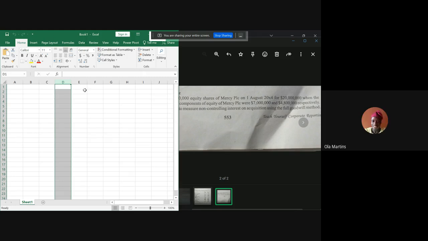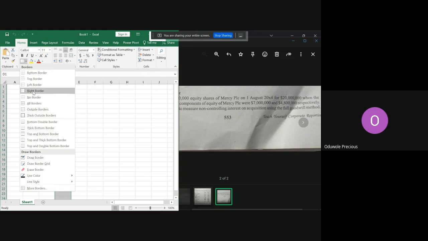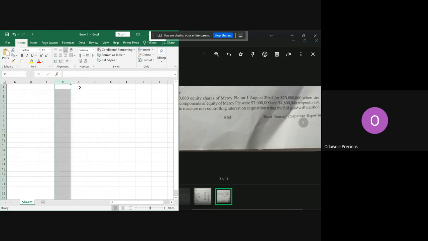I understand, I used to do that. I think this is still okay like this. So I'm going to start my workings from this side of the Excel sheet, then I'll use this side for the question so that we can see both. So I'll tag this workings.